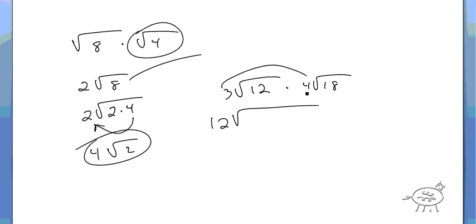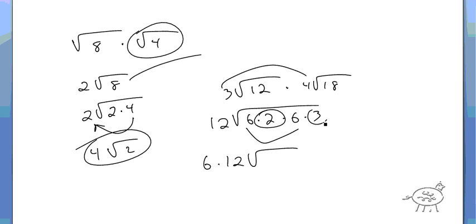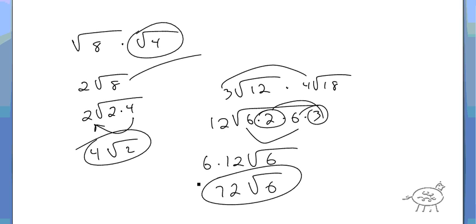Doesn't 6 go into both 12 and 18? So can I say 12 is 6 times 2 and 18 is 6 times 3? And then I can pull out a pair of 6s, so it's 6 times 12, and I have 2 and 3 left over, which makes 6. So 6 times 12 is 72, with a root 6 left over. Okay, that's not too bad.